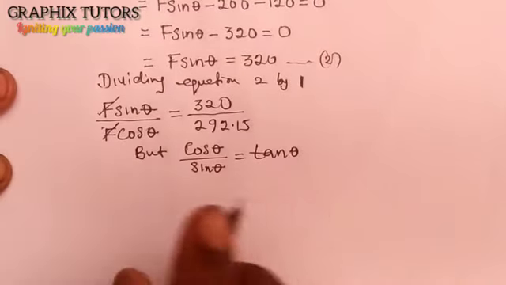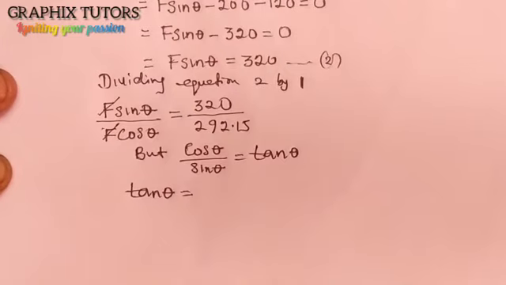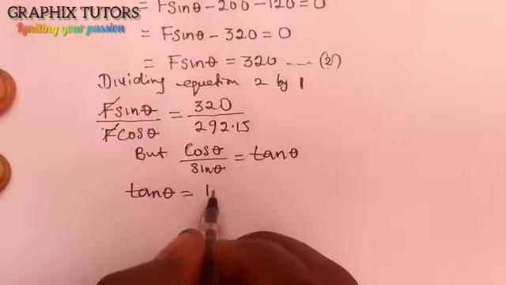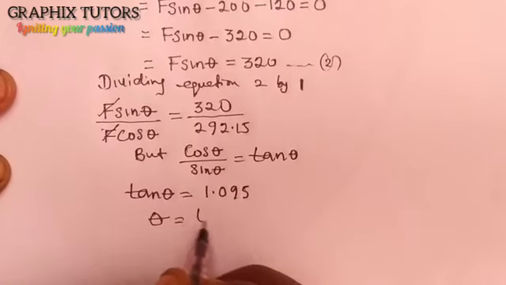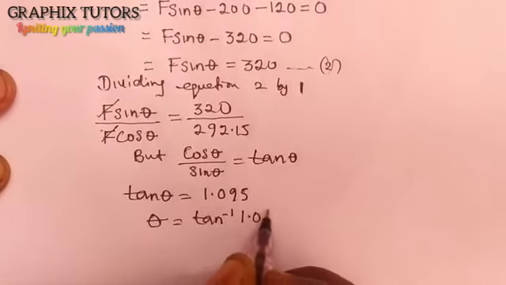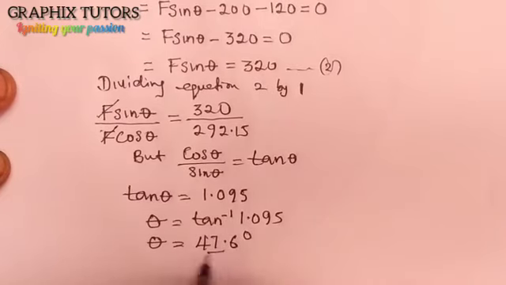So tan theta equals 320 divided by 292.15, which gives 1.095. When tan comes to this side, theta is tan inverse of 1.095, which gives us 47.6 degrees. So we got the angle.